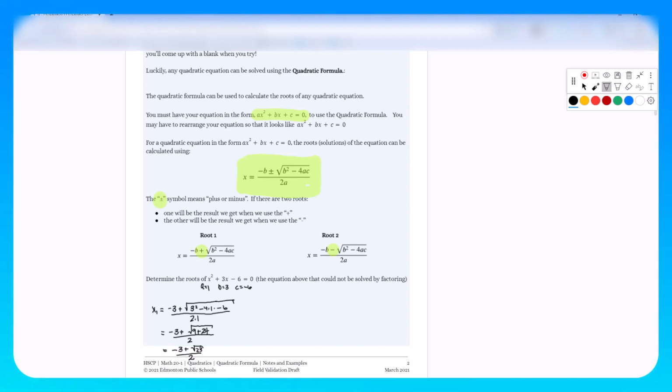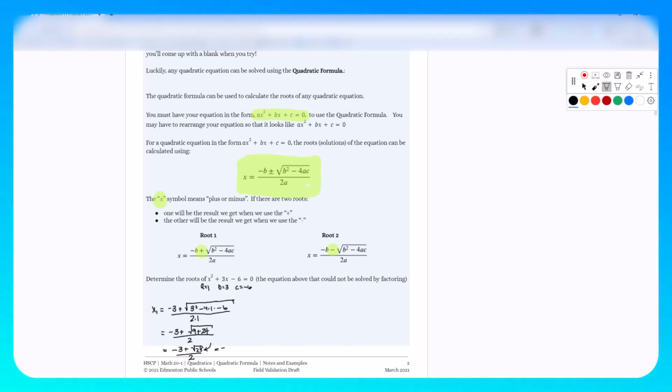Now we could put this into the calculator, but we notice it's going to give us a decimal because of this square root. And this square root is reduced as far as possible. There are no factors that are perfect squares, so we can't pull anything out front and reduce this any further. We can write it this way.